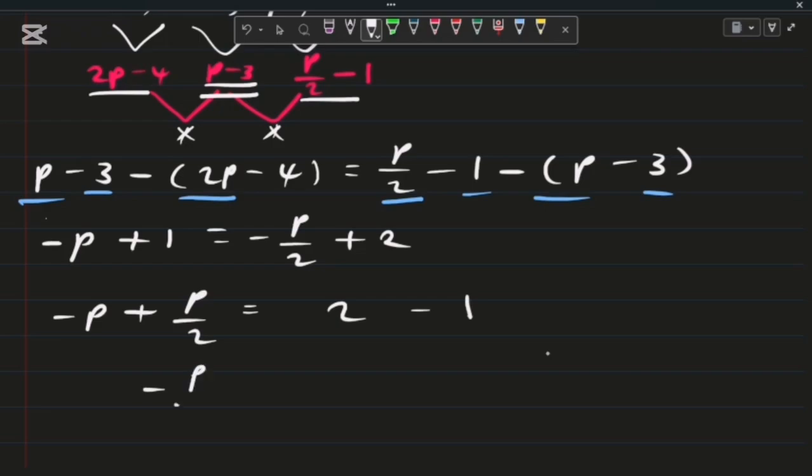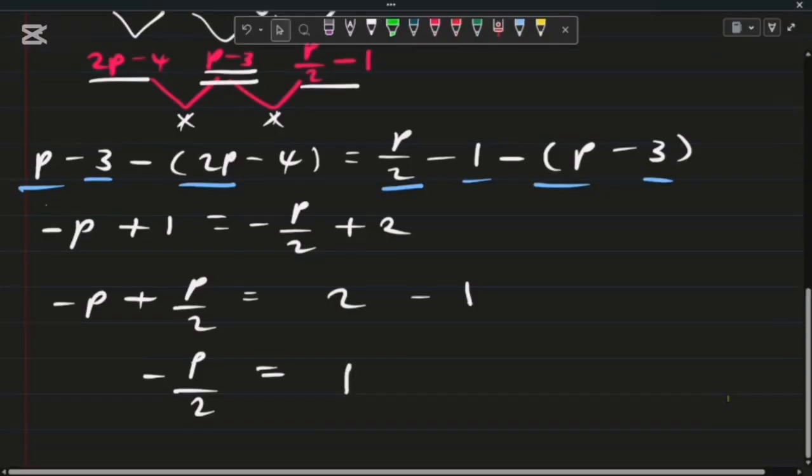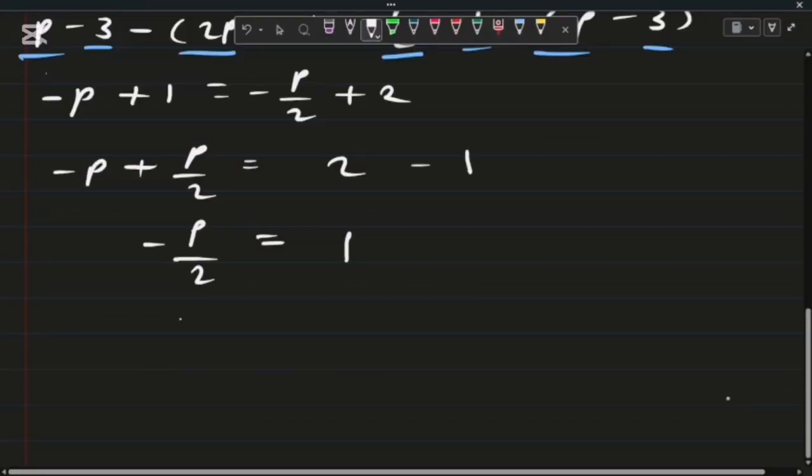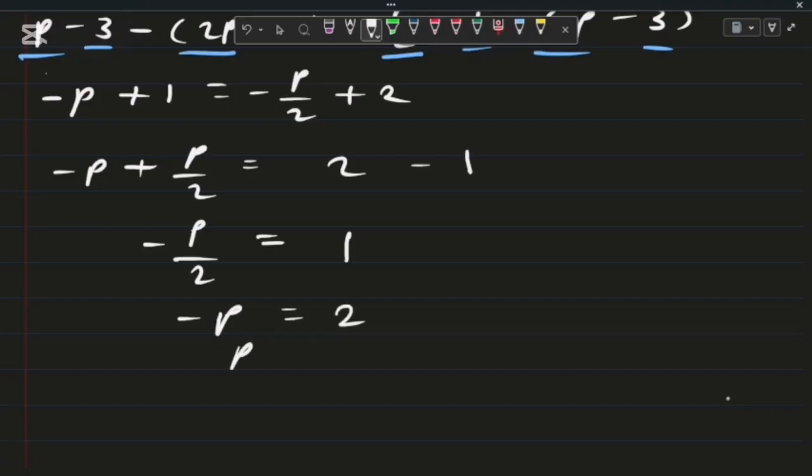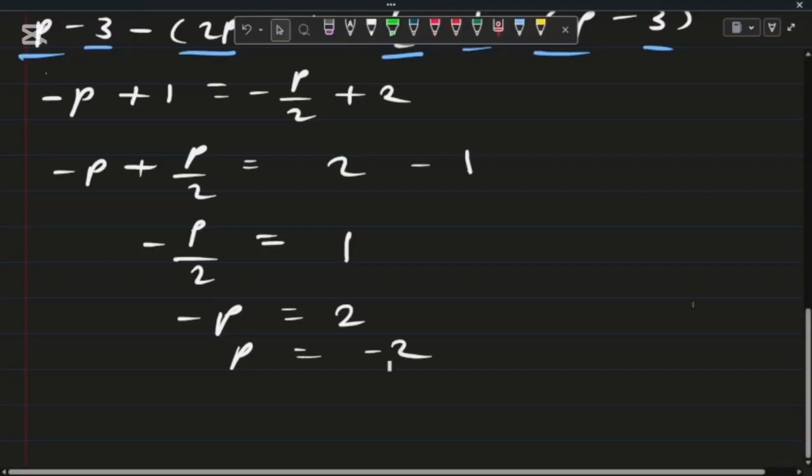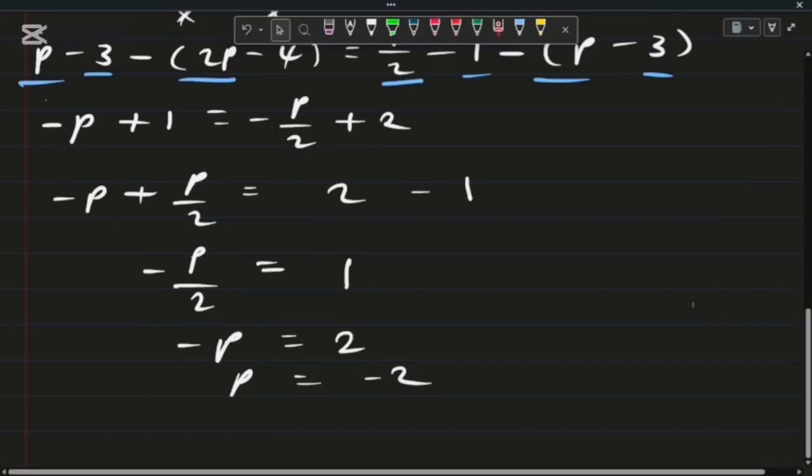So it will be negative p over 2 is equal to 1. Then we can cross multiply, and we see that negative p is equal to 2, and therefore p is minus 2. All right, so the value of p is minus 2. So we have the value of p.